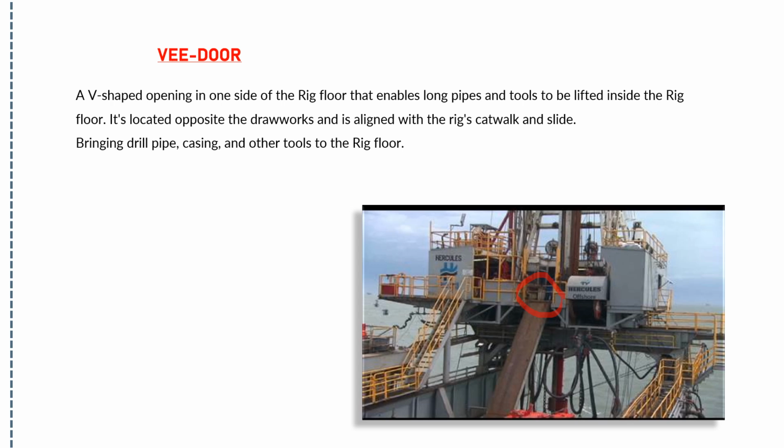It is aligned with the rig's catwalk and slide. So here is the pipe ramp, the slide, and here is the catwalk. From this place, these long pipes, tools, drill pipe, and casings are lifted through the air hoist to the rig floor.